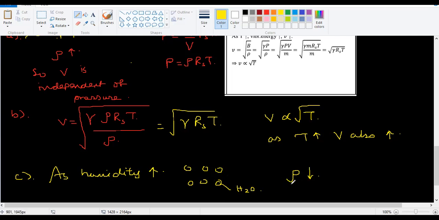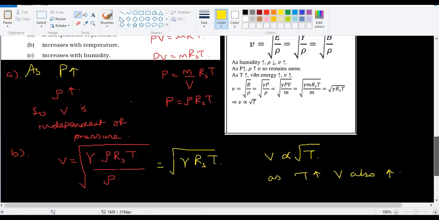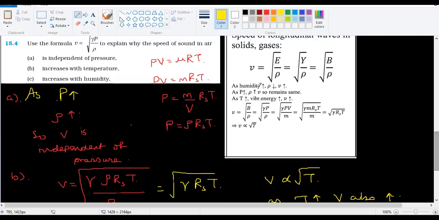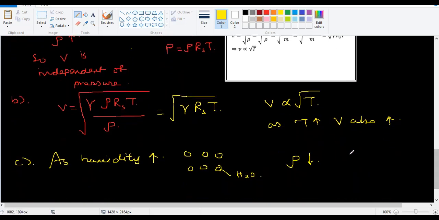So the amount of oxygen and nitrogen molecules will be less. So when density decreases, from this formula, you can say that if this value decreases, then this value will increase. So density decreases, V increases.